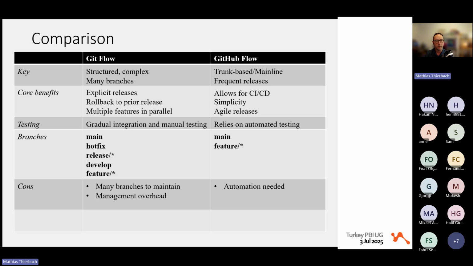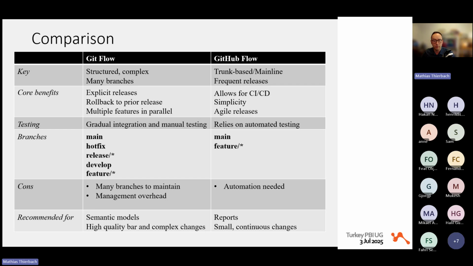The con on the Git flow side is that there are many branches to maintain. There's quite a bit of overhead. You definitely need someone who is really well on top of things to make sure that no one gets confused about where they're meant to merge something into and whether a certain branch needs updating or not. So there we go.